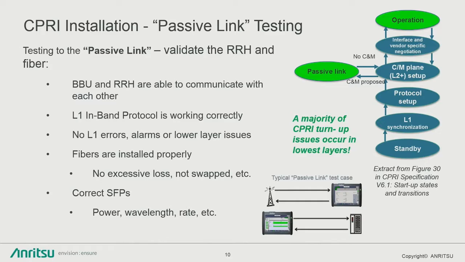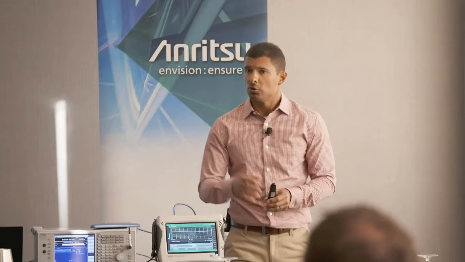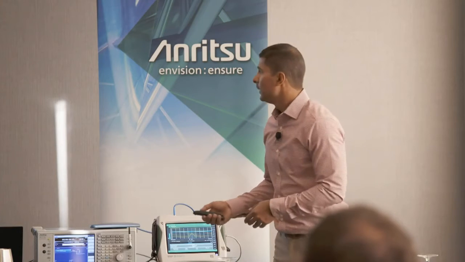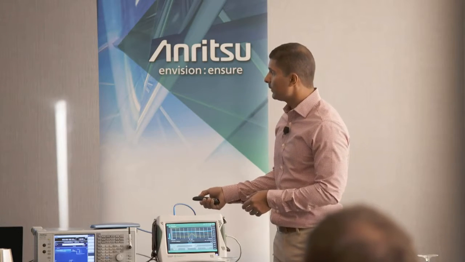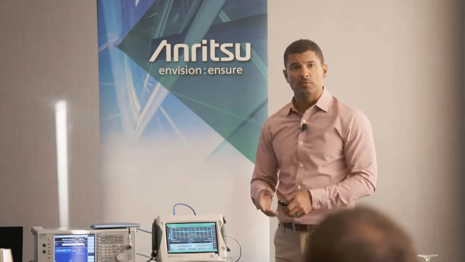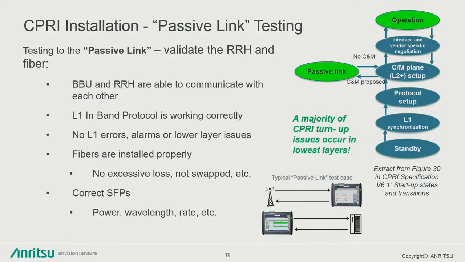If there were alarms being generated out of the equipment, be it the radio or the baseband unit, could we see that within the CPRI signal? Could we analyze that? And then finally, things such as correct SFPs from an optics perspective. Were we able to use the correct optics in both the ground as well as in the radio? These are some of the initial tests that we were supporting at 4G.